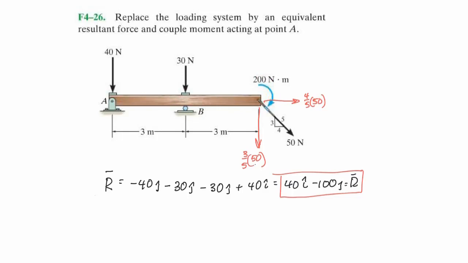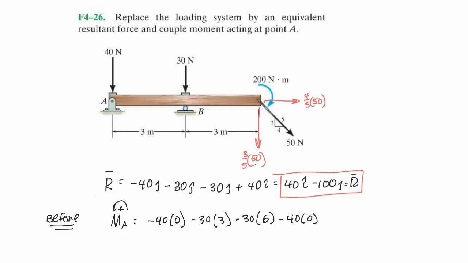So if I add the moment before, it's going to be equal to the moment about A, positive going in that direction: negative 40 times the distance of 0, negative 30 times 3, negative 30 times 6, and then the 40 would be also, I'll call it with a lever arm of 0, but then we also have that negative 200. That's also going in the counterclockwise direction. So I'm going to add all those together, and I'll say the moment before is going to be equal to minus 470 Newton meters.